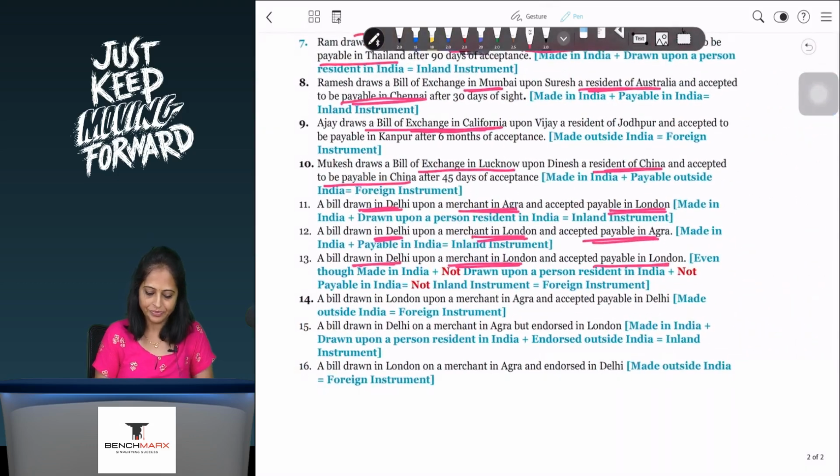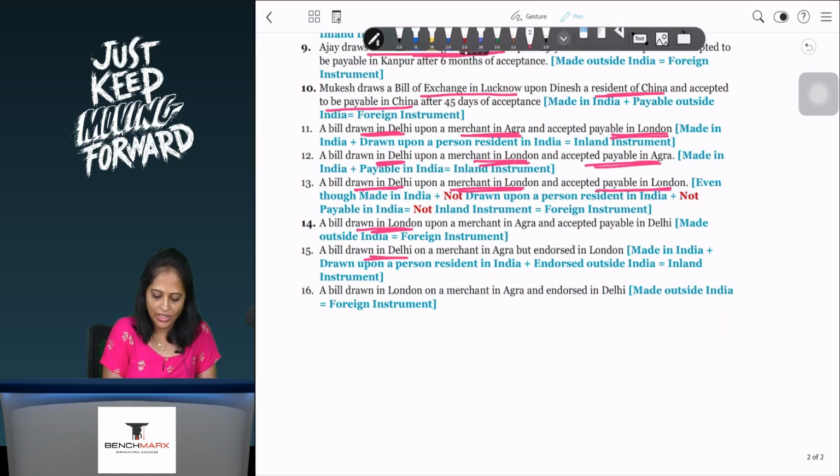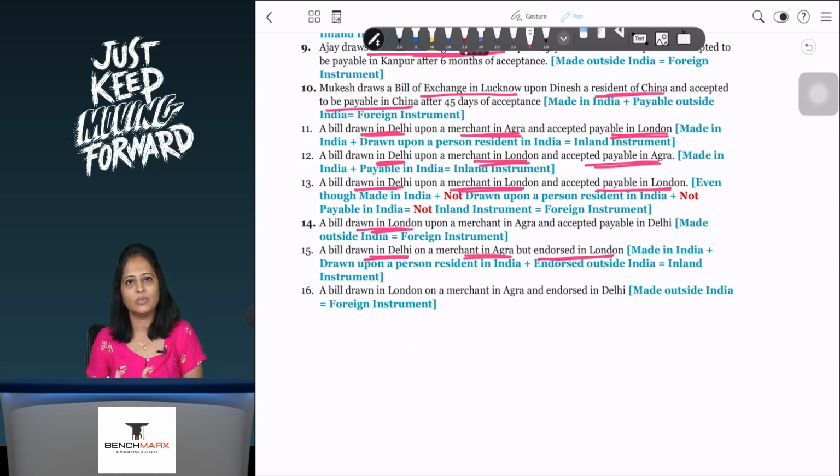Then next, a bill drawn in London. It is drawn outside India, so it's a foreign instrument. A bill drawn in Delhi on a merchant in Agra but endorsed in London. So, drawn in India upon a person resident in India. Endorsement outside India does not matter at all. So, I will call it an inland instrument.